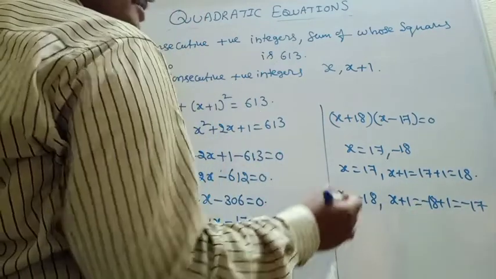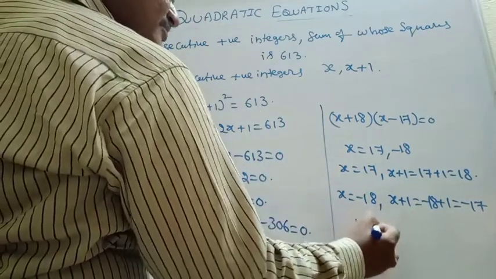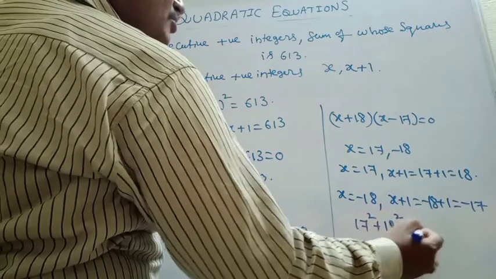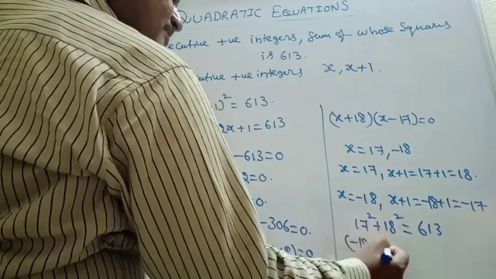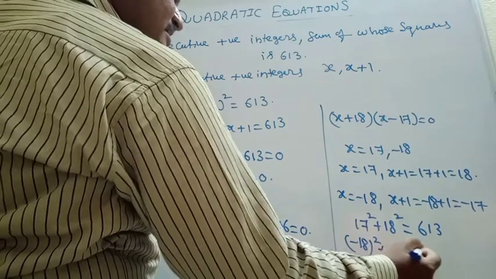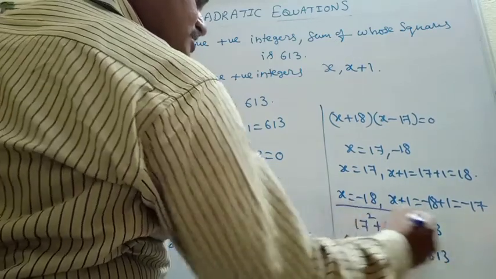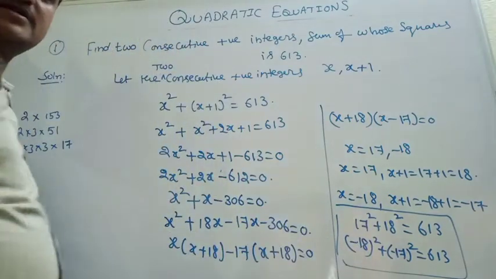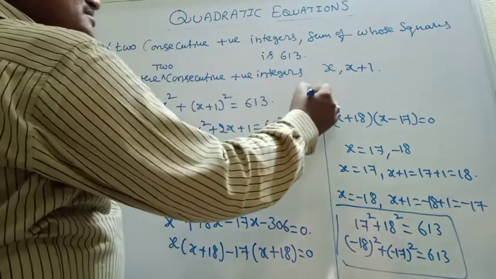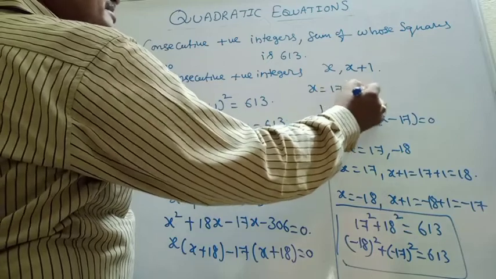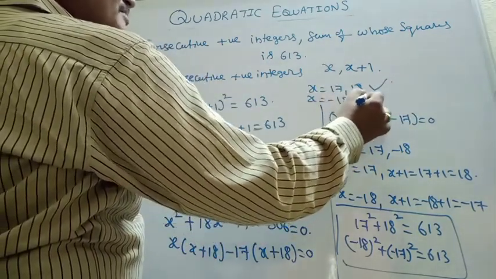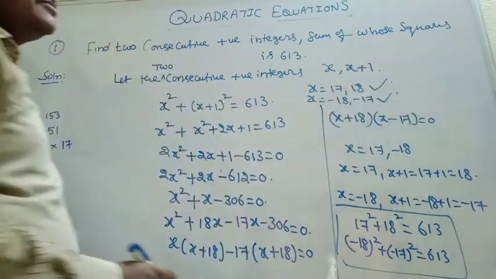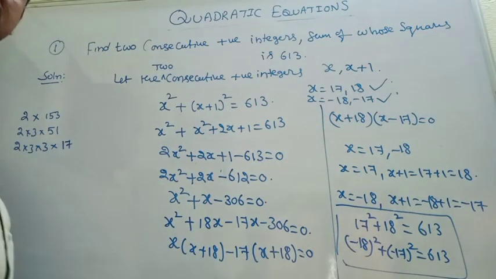Therefore 17 square plus 18 square is equal to 613, and also minus 18 square plus minus 17 square is equal to 613. So one pair is 17 comma 18, and another, minus 18 comma minus 17, also satisfies. This beautiful problem can be answered.